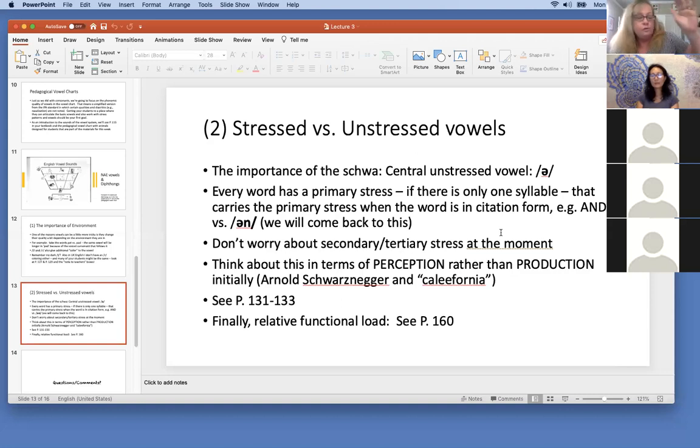So you can use some of this information to say, okay, if I'm prioritizing vowel instruction for students, then I'll prioritize some of these important functional load differences first. In addition, if you do an analysis of your students' language, you can also tell which of these ones are a real problem for them. So that's a super useful thing to keep around.